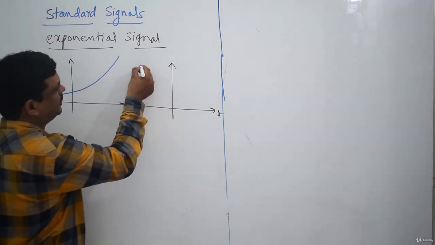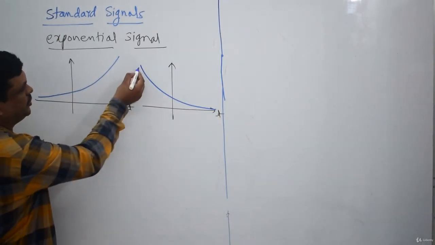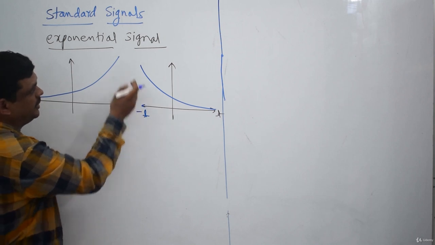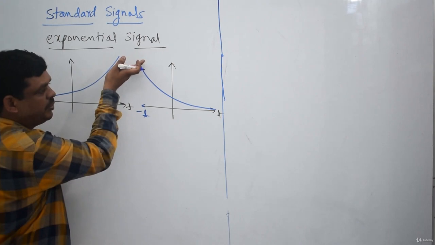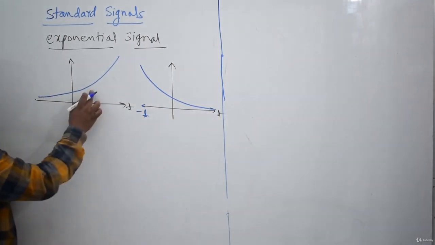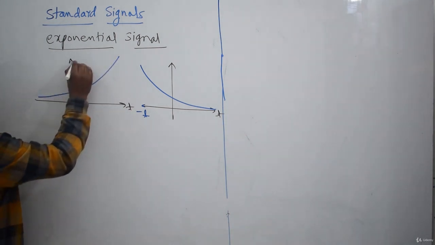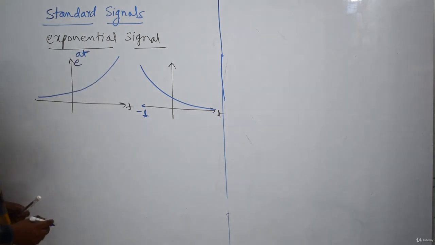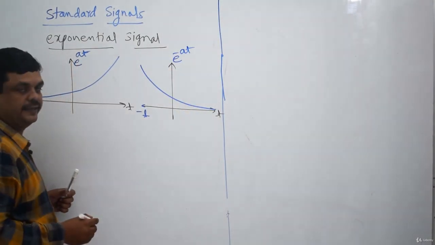Another function is there, exponentially decreasing. At the negative time axis, infinity time period, infinite amplitude is there, and as the time axis increases, the amplitude is exponentially decaying. The increasing function is e power at, and the decreasing function is e power minus at.